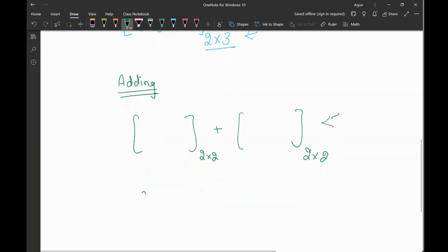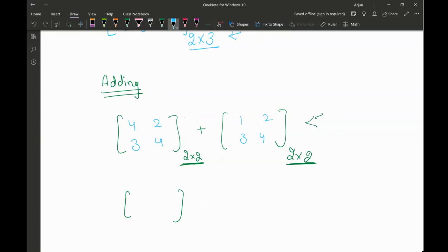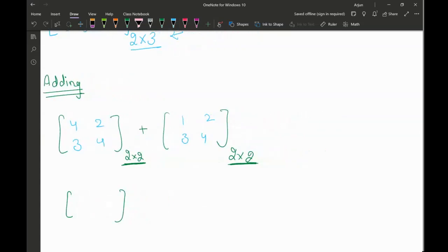If the number of rows and columns is not the same as the other matrix's number of rows and columns, then I cannot add or subtract the two matrices. For example, here I want to add 4, 2, 3, 4, and 1, 2, 3, 4. These are the numbers given to me. If I want to add these matrices, yes, the number of rows is the same as the number of rows of the other, and the number of columns is also the same as the number of columns of the other matrix. So I can add them.